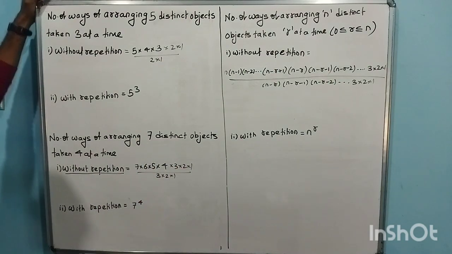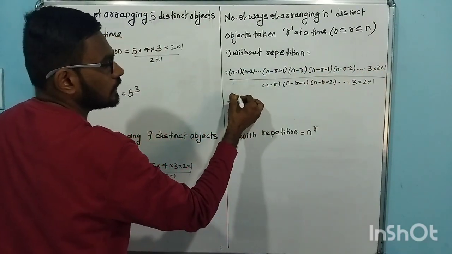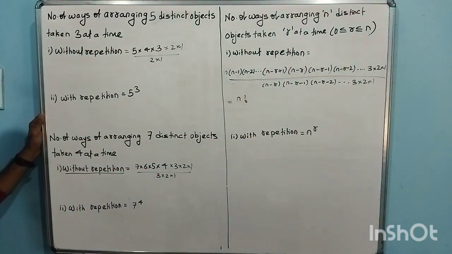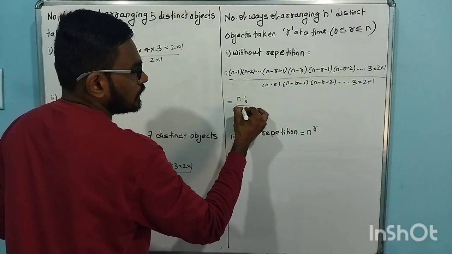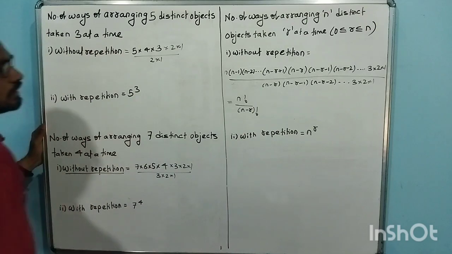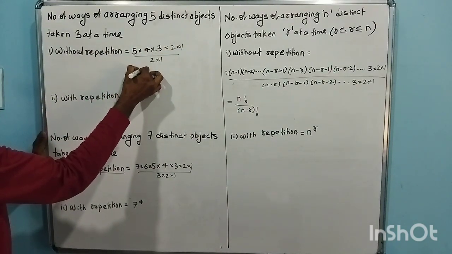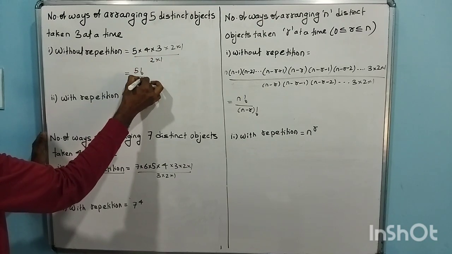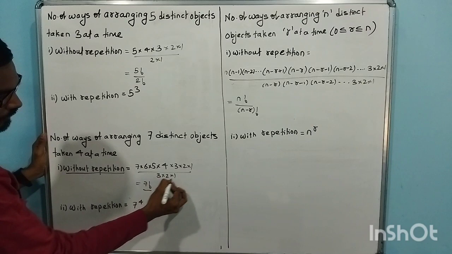Next, what will this be now? This is from n till 1, so it will be n factorial. The denominator is from n minus r till 1, so it will be n minus r factorial. Just as 5 to 1 is 5 factorial, and here it is 7 factorial upon 3 factorial.